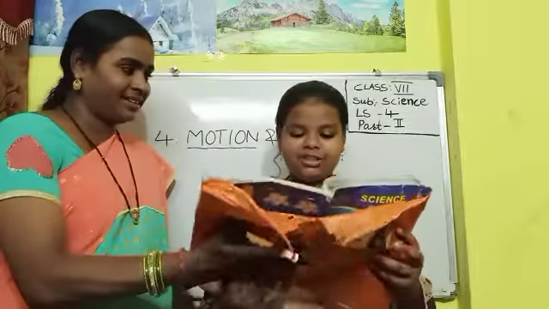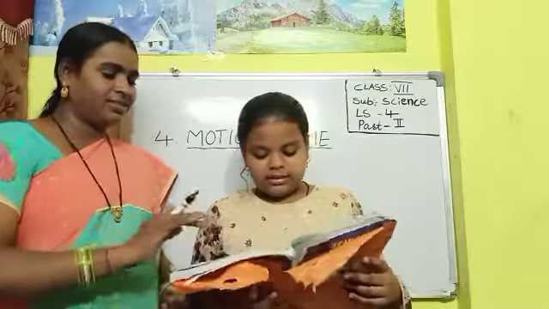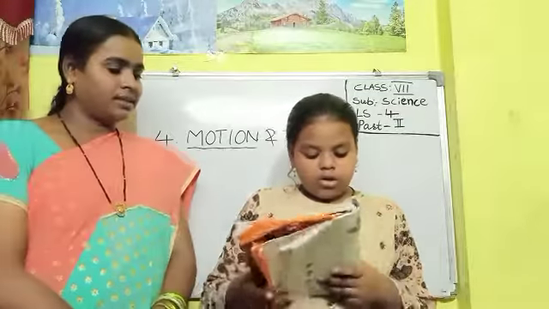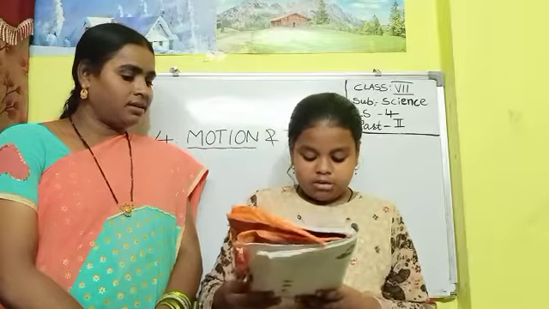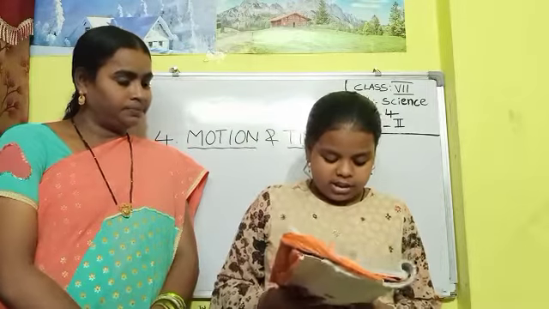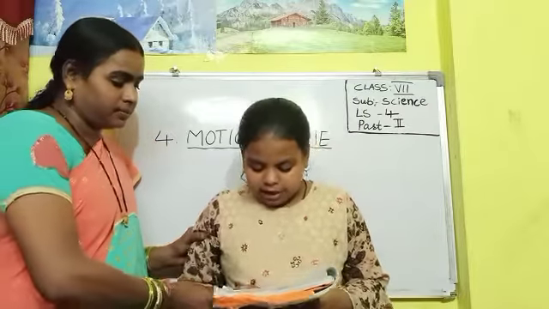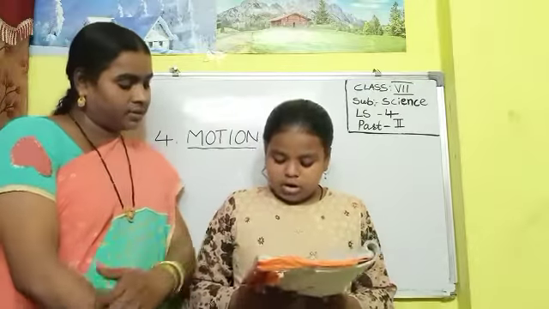Good morning, friends. Today I am reading lesson 4, part 2. Oscillatory motion. What similarity do you find in the motions of the above given situations? Is the direction of motion constant?